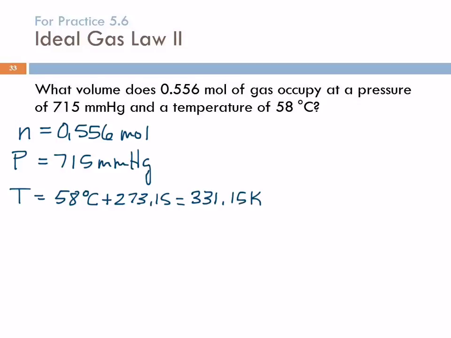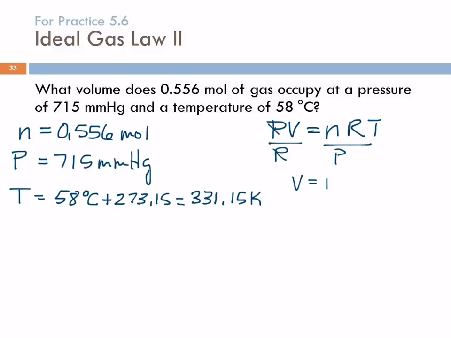I'm going to pretend that I'm not so with it that I recognize I need to change the pressure. So I'm trying to find volume. So I'm going to need PV equals nRT. And I'm going to solve this for volume. So I'm going to divide by P on both sides.